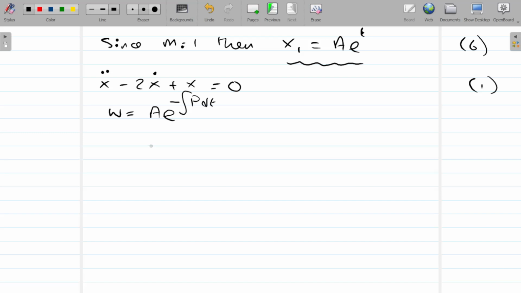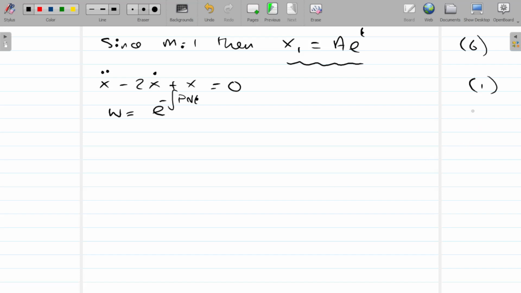I can't actually remember if there is a constant there, so I'm just going to write e to the minus integral of p dt. To be quite honest, it doesn't really matter, because you've got constants in the general solution anyway. So all the constants get combined in the end in any case.